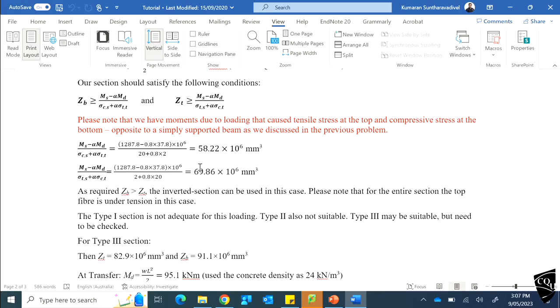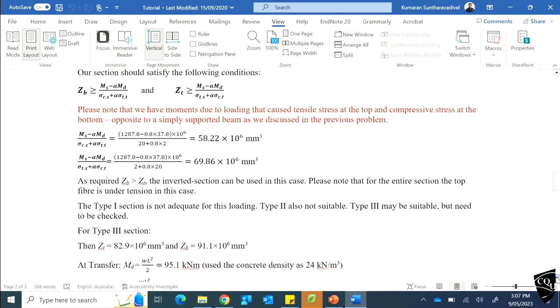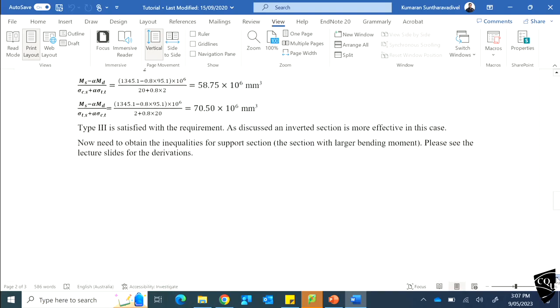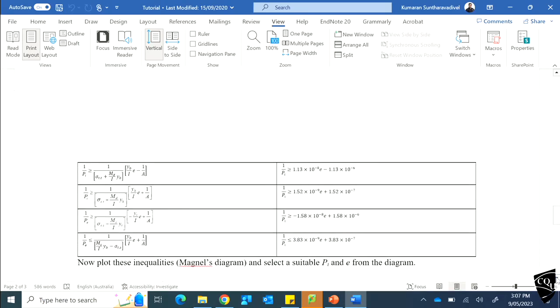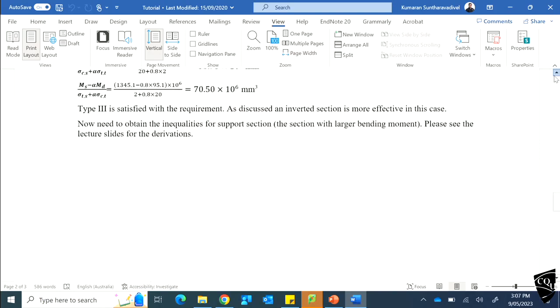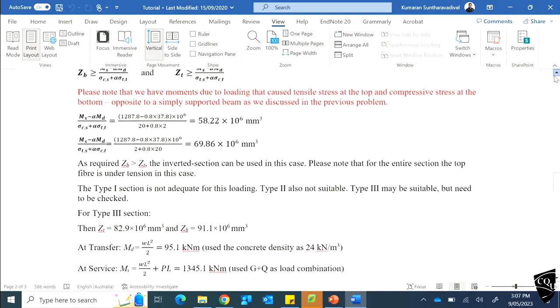Okay, so then I give the solution for these inequalities. If you substitute, you will get that these are the inequalities you will get for 4 cases. Okay, and these are the numbers you will get. So I will upload this one. I will upload this document.